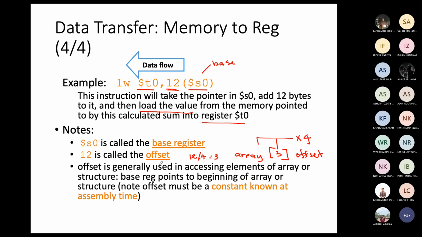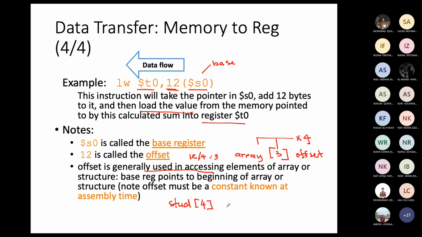Offset is generally used in accessing elements of an array or structure. Let's say you have student 4, and you want to load data in array student 4.